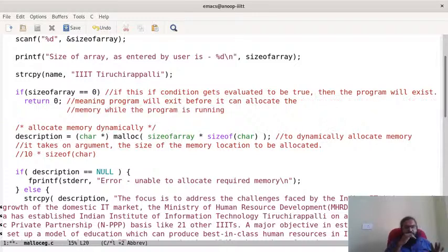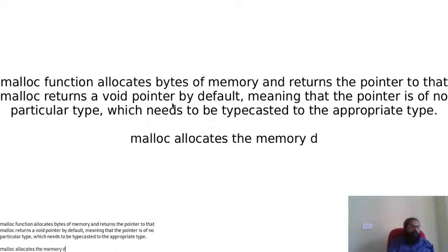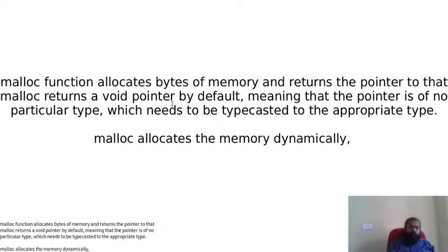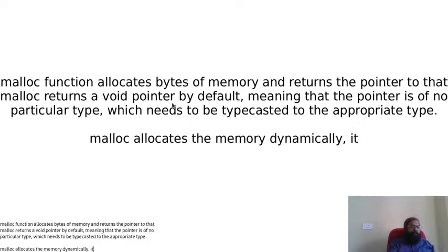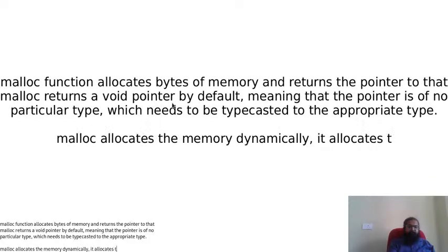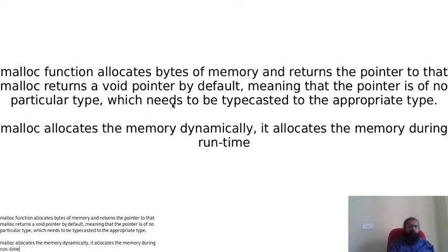Do you follow what I am trying to say? In dynamic memory allocation, malloc allocates the memory dynamically, and it allocates the memory during runtime of the program.